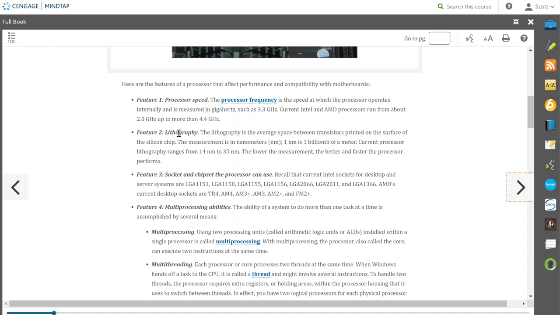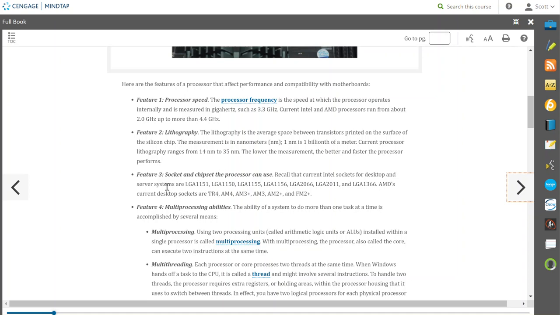So the lithography is measured in nanometers. That's the distance between those transistors that are printed on the surface of a silicon chip. So the shorter the measurement on that average, the faster the processor. That analogy of the highways and the roads, distance on the road, should bring that into perspective.